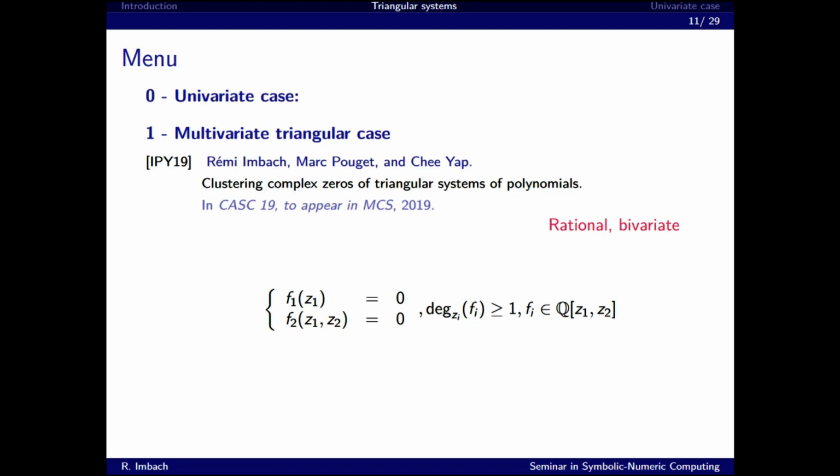Can it happen that the degree will drop? Yeah, it can happen that the degree decreases, and it means that there are some solutions that go to infinity. But we cannot have a polynomial that is identically 0 when we substitute with a root, otherwise it means that the system has an infinite number of solutions.